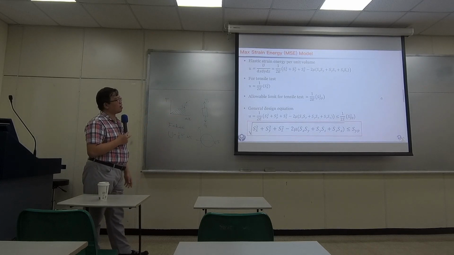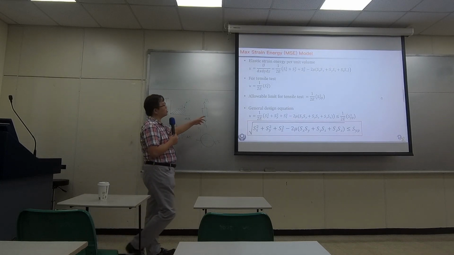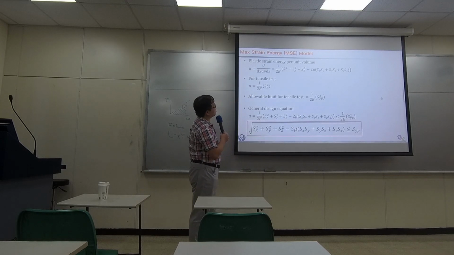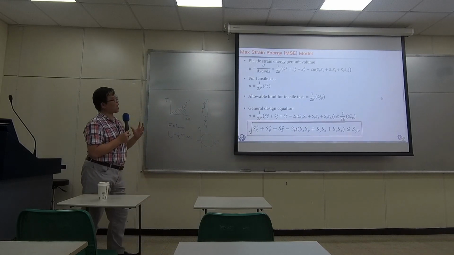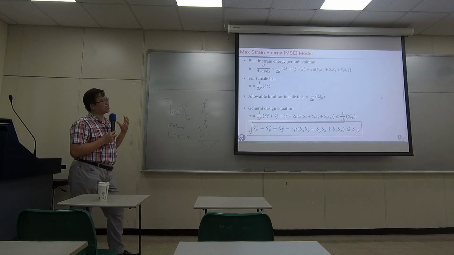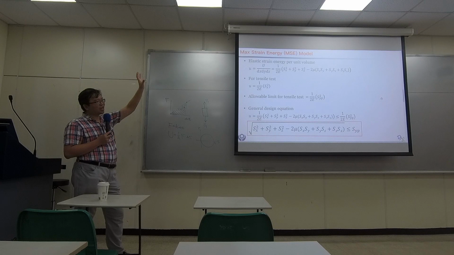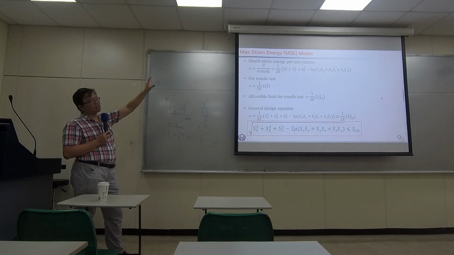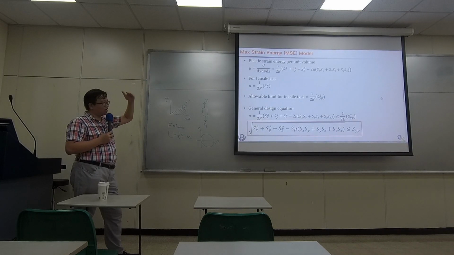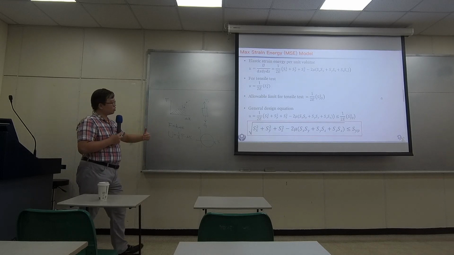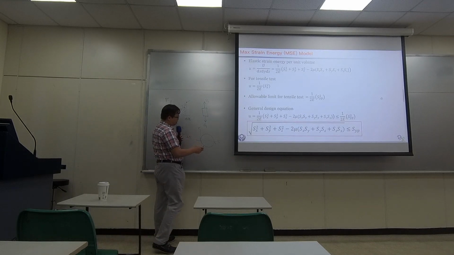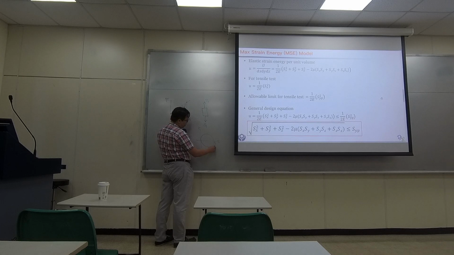Okay? Now, for the tensile test, we know this is the strain energy per unit volume. We want to know what would be the limit for this value. So just like what we did for the maximum shear stress model, we think about the design limit. The limit happens when you enlarge your stress until this stress is as large as your yielding strength.